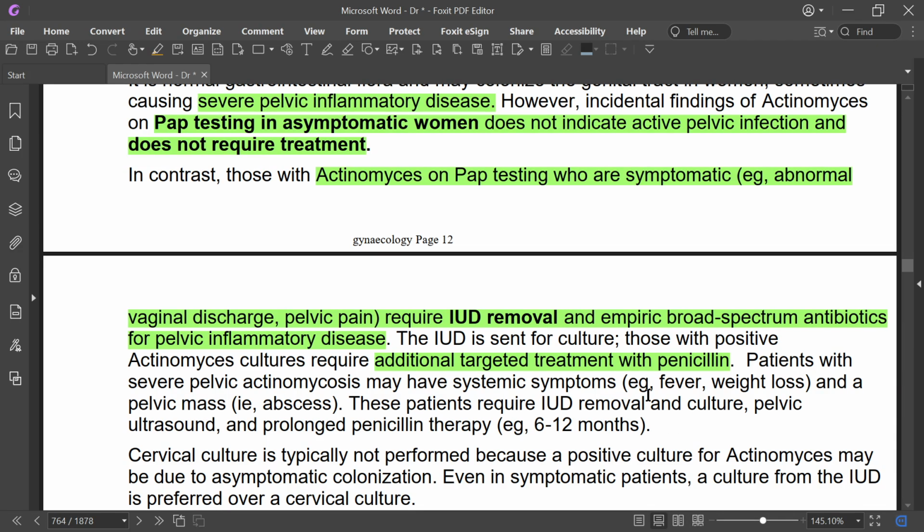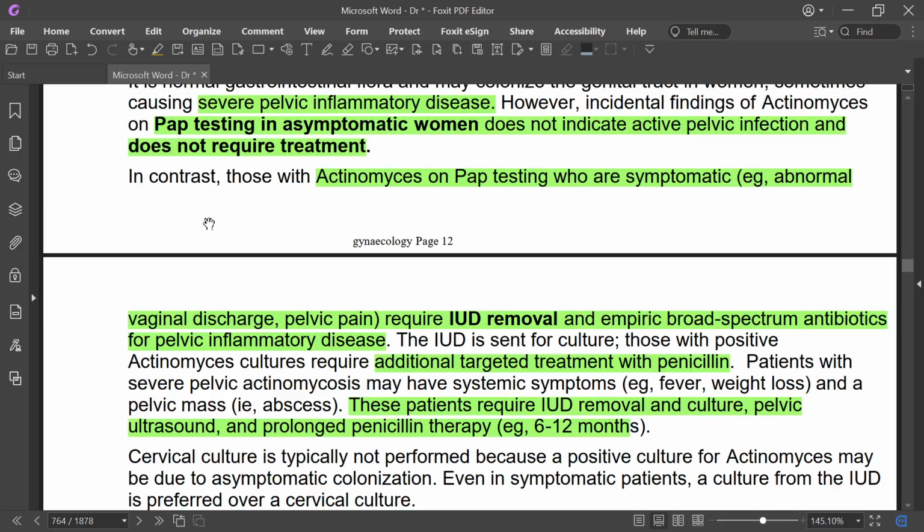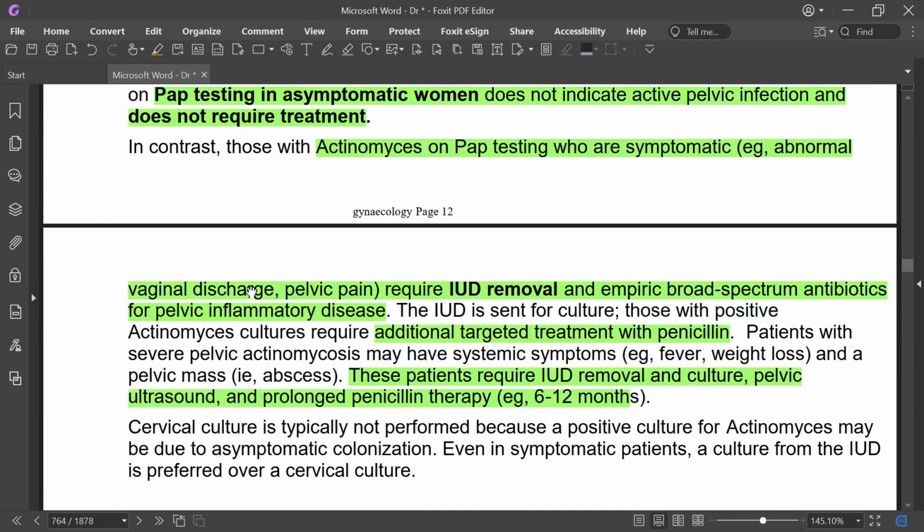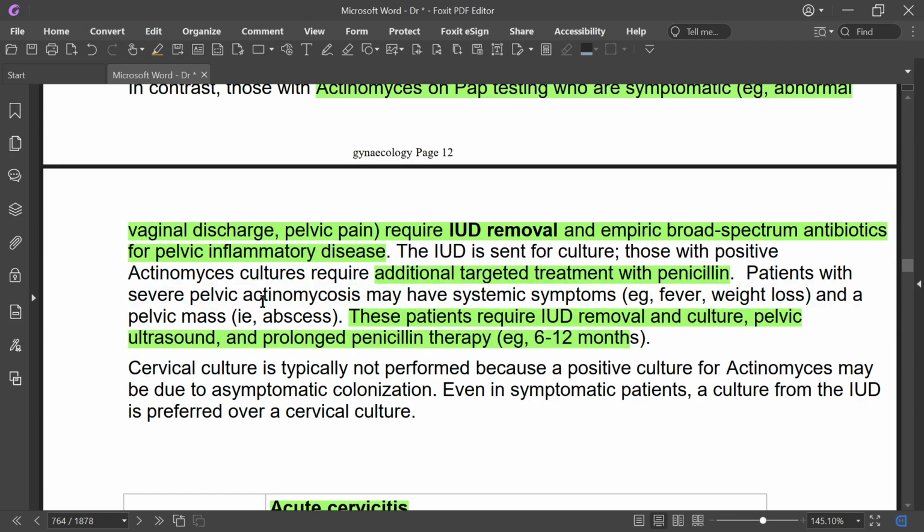These patients require IUD removal, culture, pelvic ultrasound, and prolonged penicillin therapy for more than 6 to 12 months. If there is a pelvic mass or abscess, they require this long-term penicillin therapy.